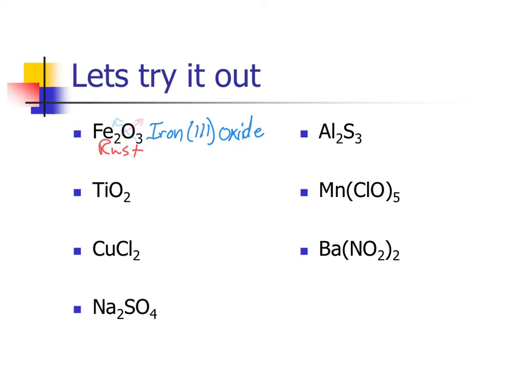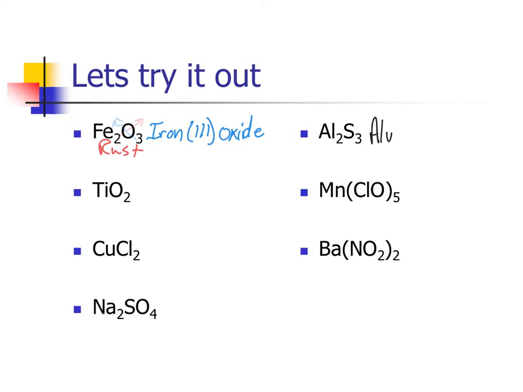For the next one, we'll go to the right, and we see that we have the Al2S3. Now, Al is really close to being a transition metal, but again, it's not horseshoes and hand grenades, so therefore, we don't use that. We don't need to do the reverse crisscross necessarily because it's not a transition metal.